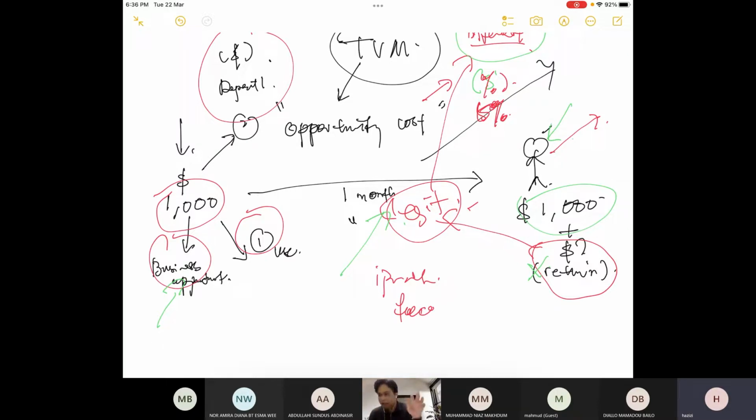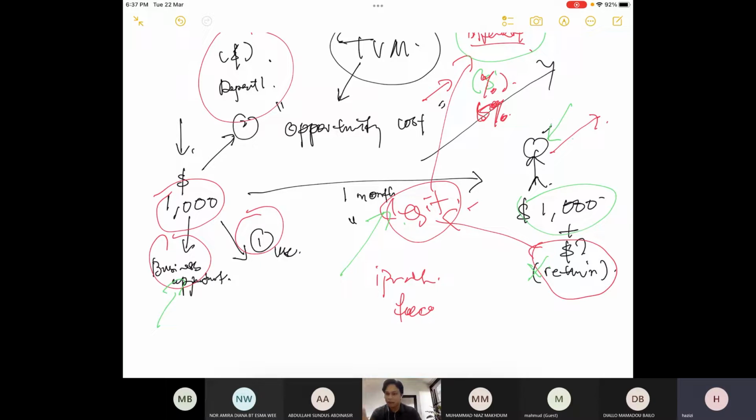So there's an alternative instrument offered here to facilitate the need of the capital holder to be compensated for giving out their money to others, because you cannot deny the facts, right? You cannot go against the human instinct to get some return from the investment or the financing that they made to others, right? You cannot deny that. That's the concept of time value of money.